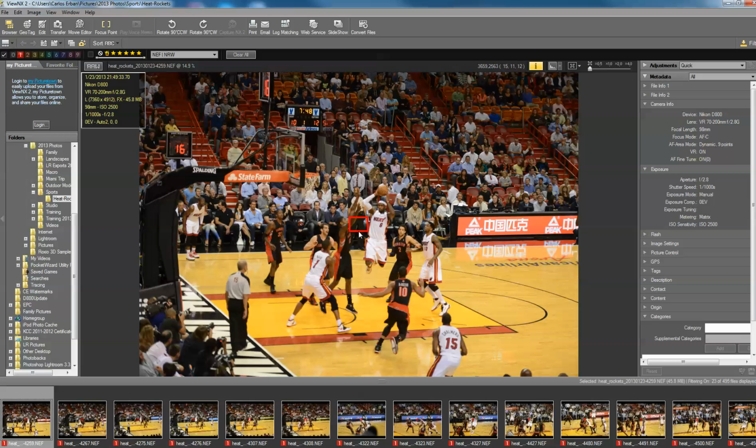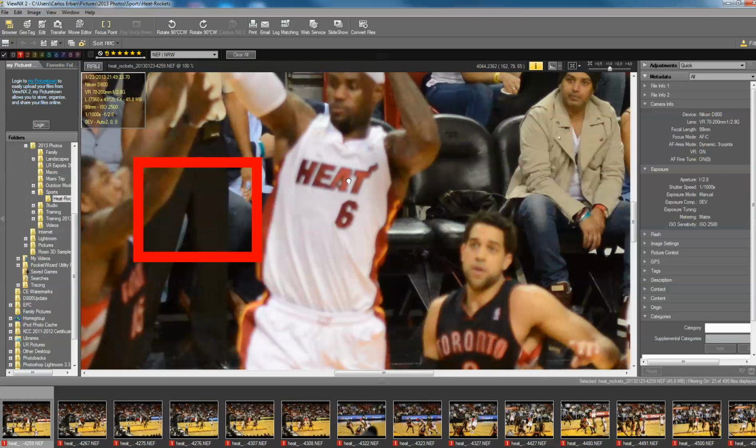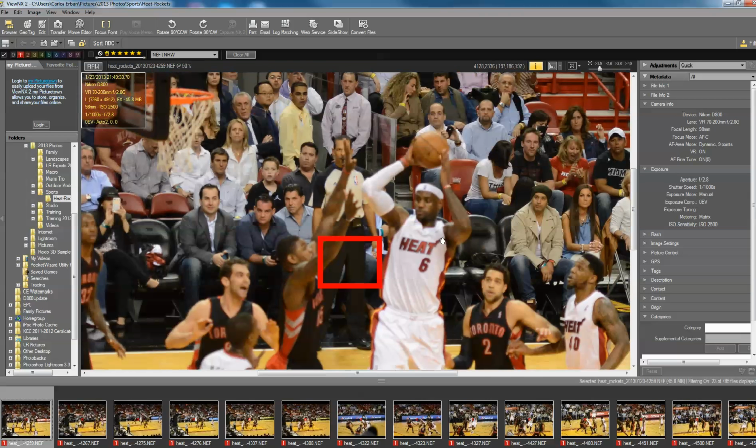What's happening here is that I pointed here, and the camera doesn't know, because it has 9 points, that it needs to focus on LeBron. Obviously I want to get LeBron in focus. Now I got lucky in this shot, and of course I'm zooming tremendously, but you can see he's out of focus.